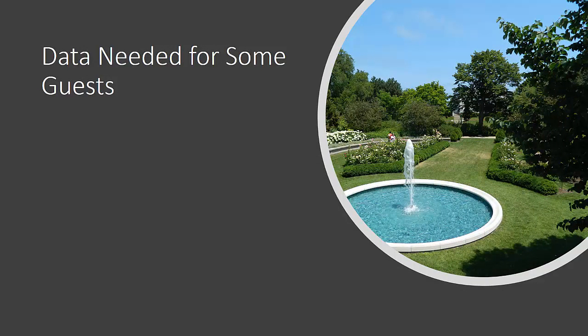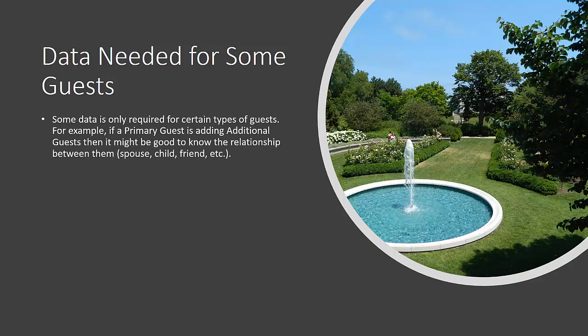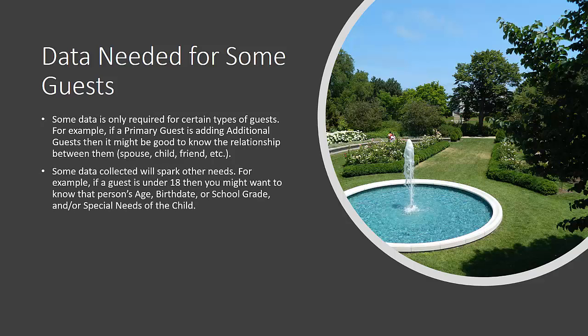Some data is only needed for some guests. For example, if a primary guest is adding additional guests, then it might be good to know the relationship between them, a spouse, child, a friend, what have you. Some data collected will also spark other needs.